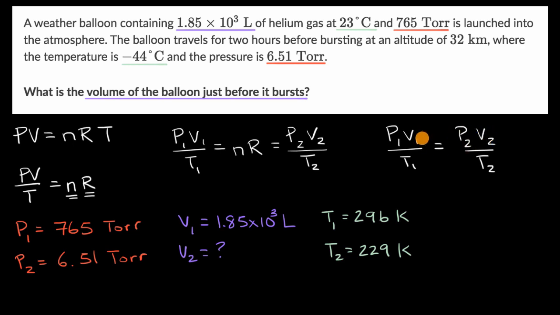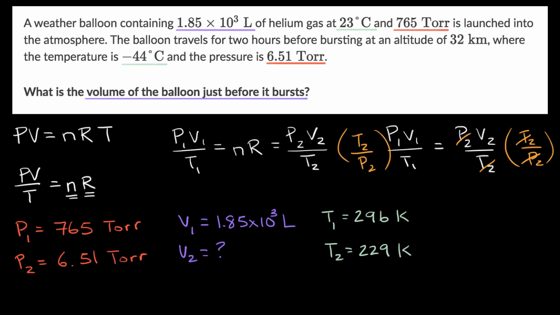In fact, we could solve for V2 before we even put in these numbers. If we multiply both sides of this equation times T2 over P2, and the reason why I'm multiplying it times this is so that this cancels with this and cancels with that, so I have just V2 on the right-hand side. Of course, I have to do that on both sides, T2 over P2.